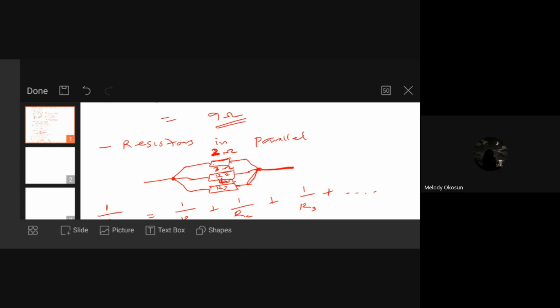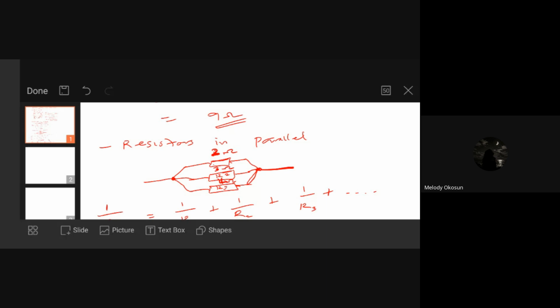So when they're in parallel, you can be asked to find the current flowing through a certain resistor. So have it in mind: in series, the same current flows, but in parallel, the current value will be different for every resistor.